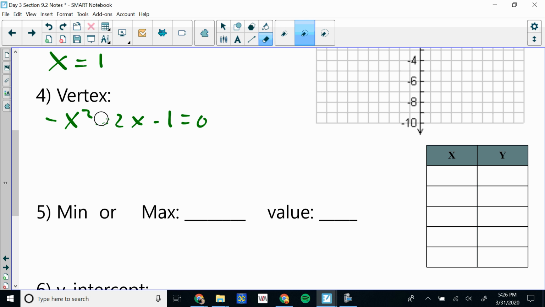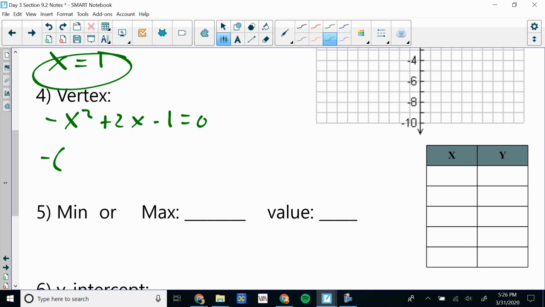Let's see, this should be a plus sign. There we go. And I'm going to plug in 1 from the axis of symmetry. So it will look like this. I'm going to leave it blank for a second. That really helps me out. I don't know if it does you or not. Minus 1 equals 0. And in that spot, I'm going to put 1s.